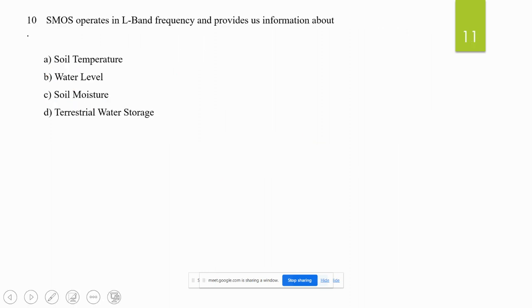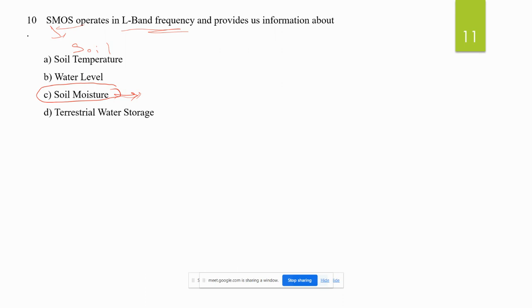Then SMAP, as the short form suggests, S stands for soil and the other is moisture. This is a soil moisture satellite which operates in L band and provides information about soil moisture. So these were 10 questions from week 0. From week 1 there will be more numerical questions, so we will have more questions to work on and more doubts.